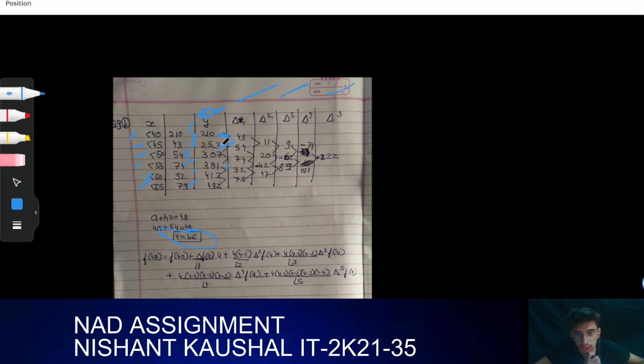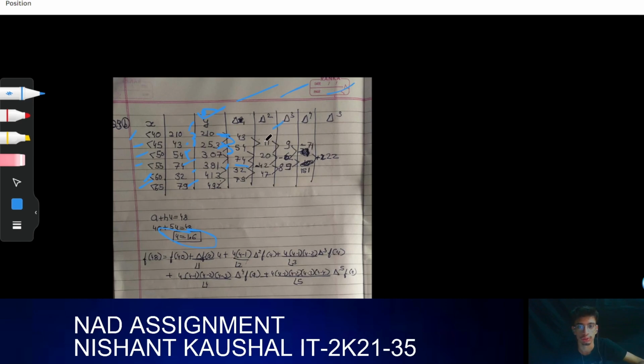Similarly, 307 minus 253, that is 54. 381 minus 307, that is 74. 413 minus 381, that is 32. And 492 minus 413, that is 79. Similarly, for delta square, it will be 54 minus 43, 74 minus 54, 32 minus 74, and 79 minus 32.